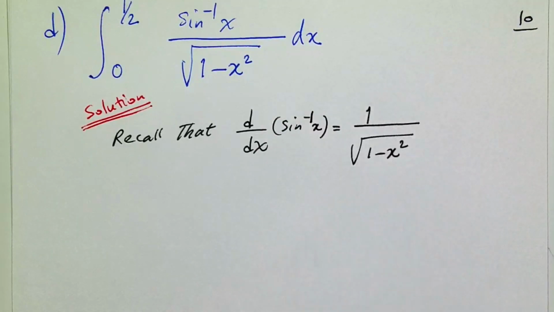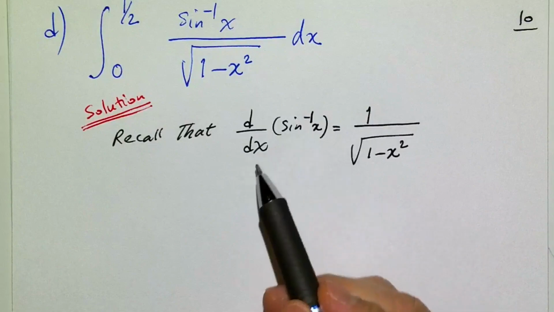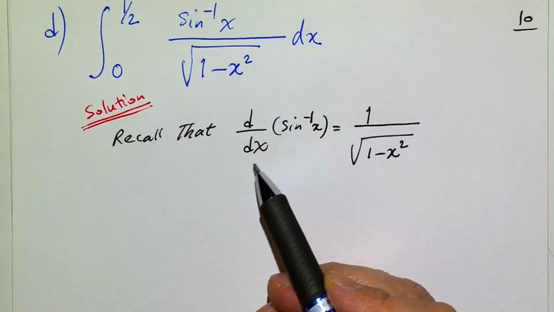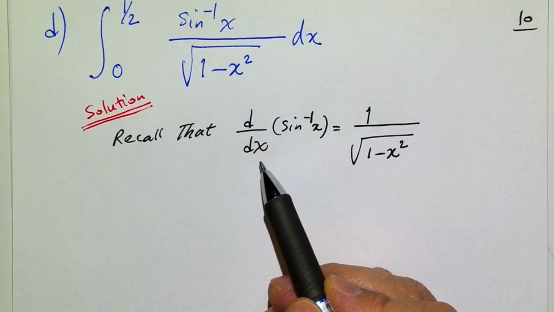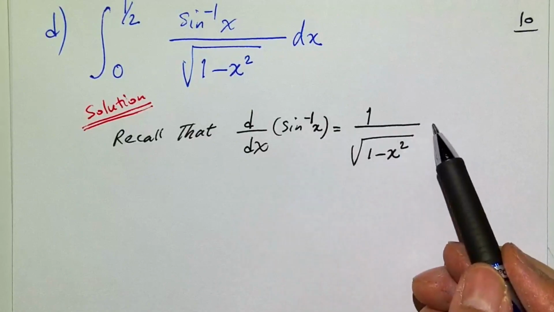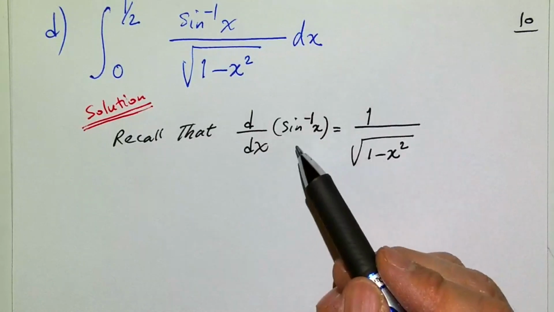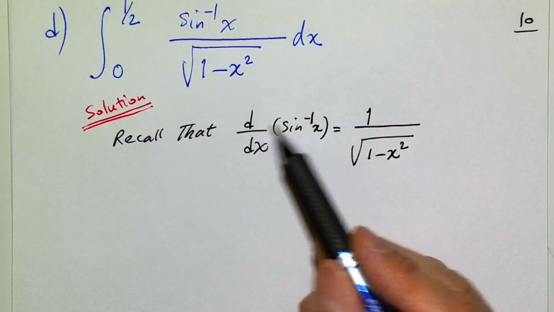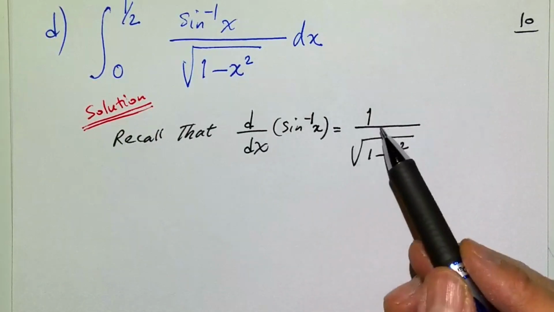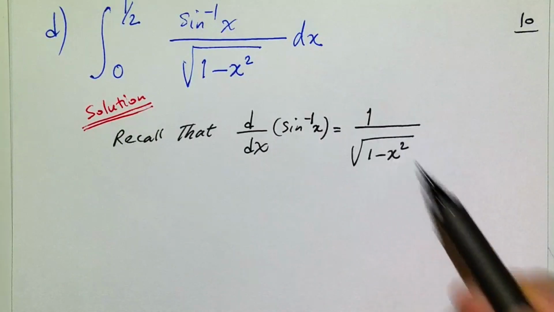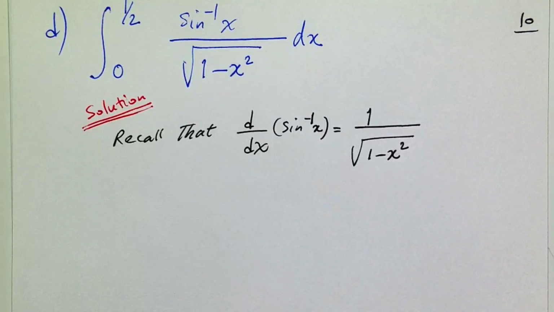Right? We know this from the past. Now, if you multiply both sides by dx, you're going to get the dx on the other side. So the differential of inverse sine of x is equal to dx over square root of 1 minus x squared.